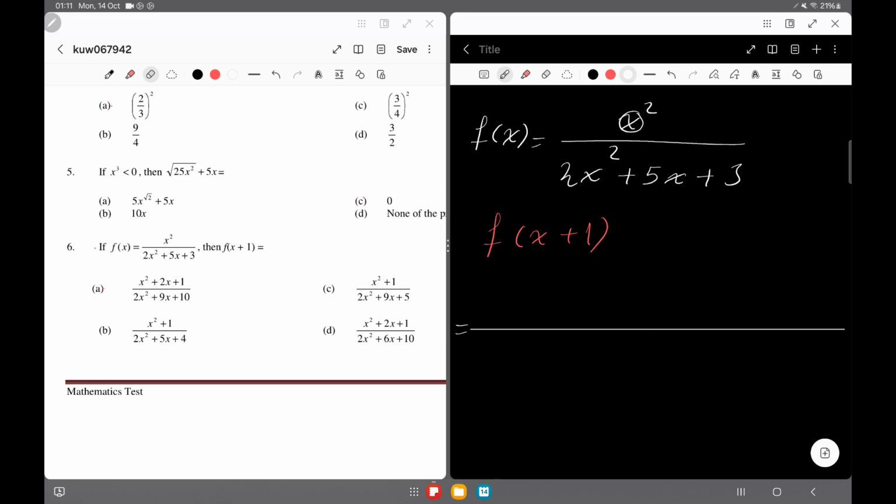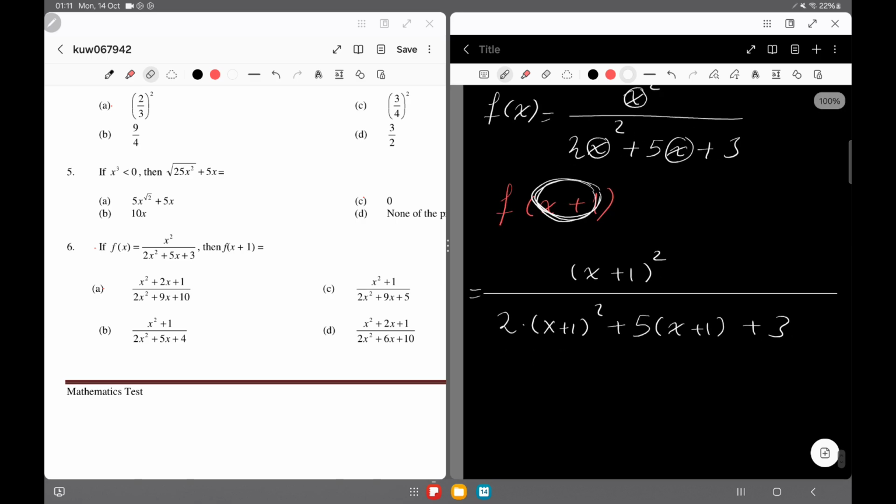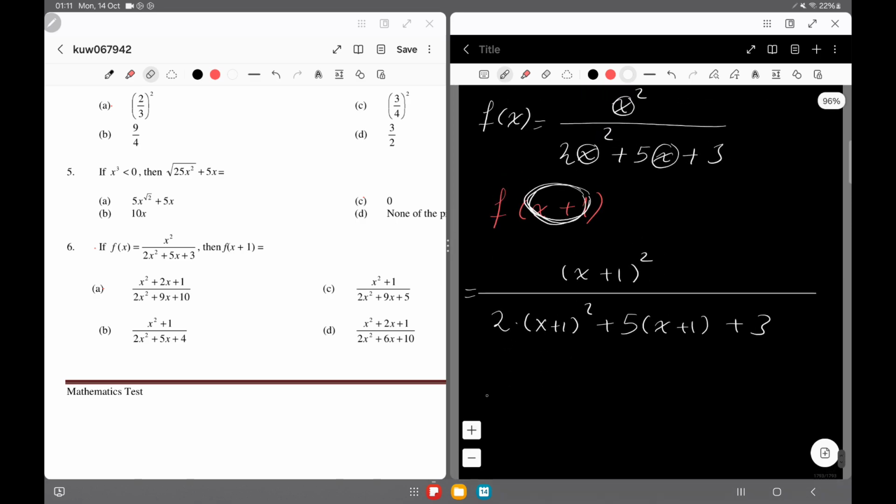I replace x by x plus 1: on top, (x plus 1) squared. On the bottom, 2 times (x plus 1) squared, plus 5 times (x plus 1), plus 3. So we will continue.